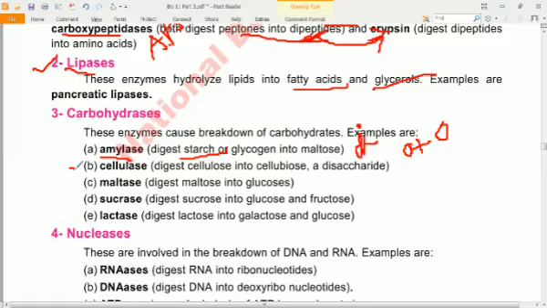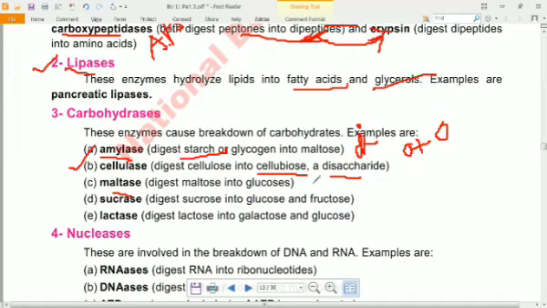Then we have cellulases. Cellulase digests cellulose into cellobiose. So that is also a disaccharide. Maltases digest this maltose into glucose.